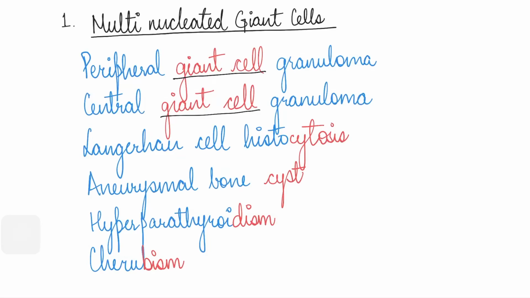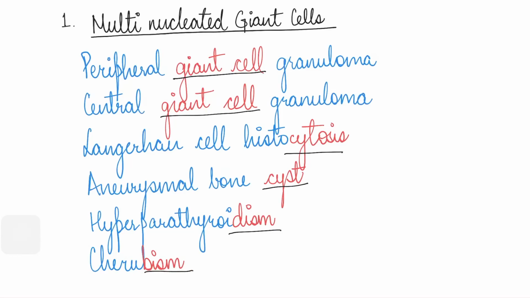There are two other diseases that I remember as having "cytosis" and "cyst". So this is Langerhans cell histiocytosis and aneurysmal bone cyst. And the other two are hyperparathyroidism and cherubism. Not a specific thing to remember this, but it's just "dism" and "bism".